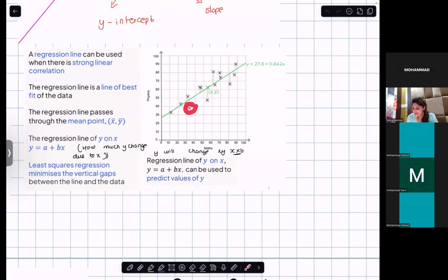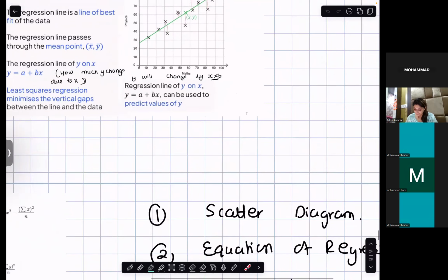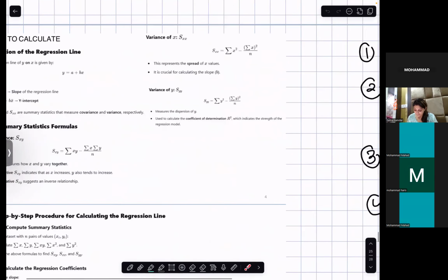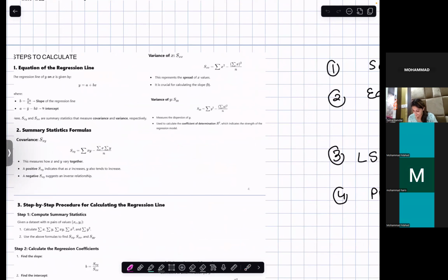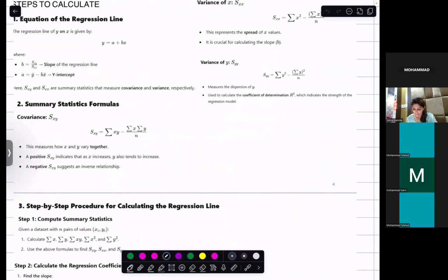When I square the distance from the original data to the line, I want the minimum distance, and that minimum distance when I plot that line is given by LSLR. Are you with me? So the least square regression line tries to minimize the square distance between the original data and the predicted data. I hope you are with me.